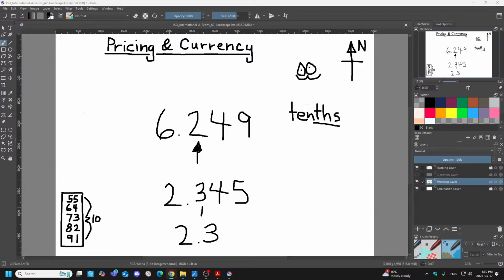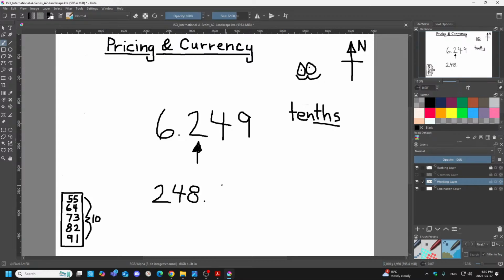Let's see if I can find another example here, just so we can confirm this. 248.561. Let's see what they do with this one. They're rounded to 2 decimal places. Well, this one's easy because it's obvious, right?